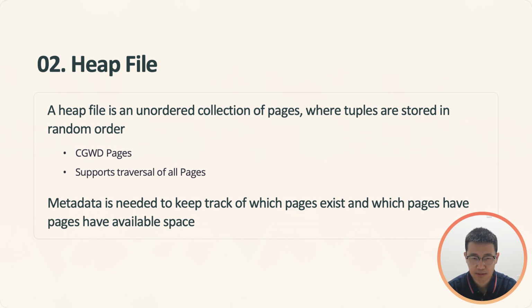If our database looks for a specific page, it will traverse in a sequential structure. First, find page number 0. If not, then find number 1. In fact, this is relatively inefficient, so we will have a new way to optimize the operation.